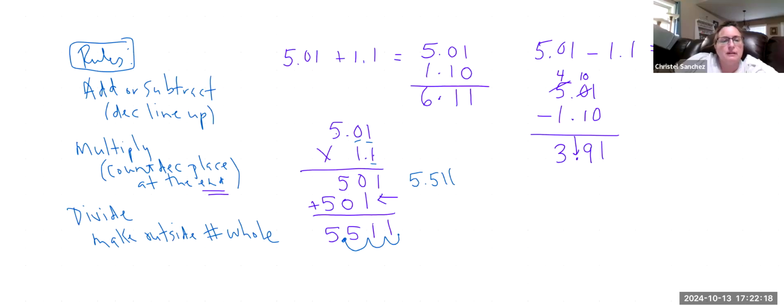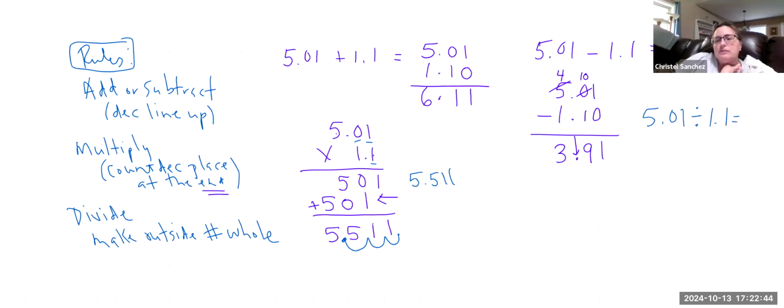All right, so the last one is going to be division, okay? And so when we divide, what we have to make sure, and we'll just use the same numbers again. So if I have 5.01 divided by 1.1, okay?